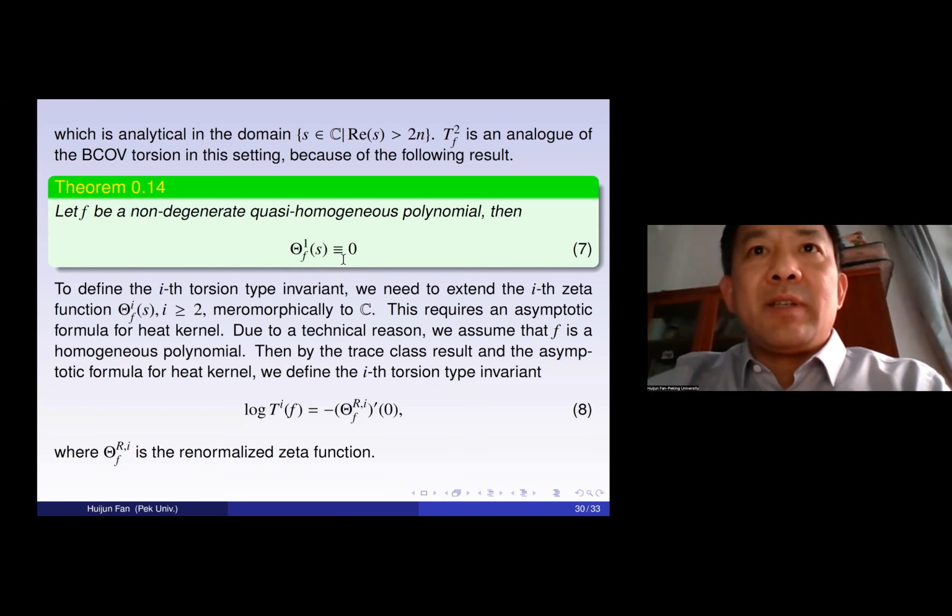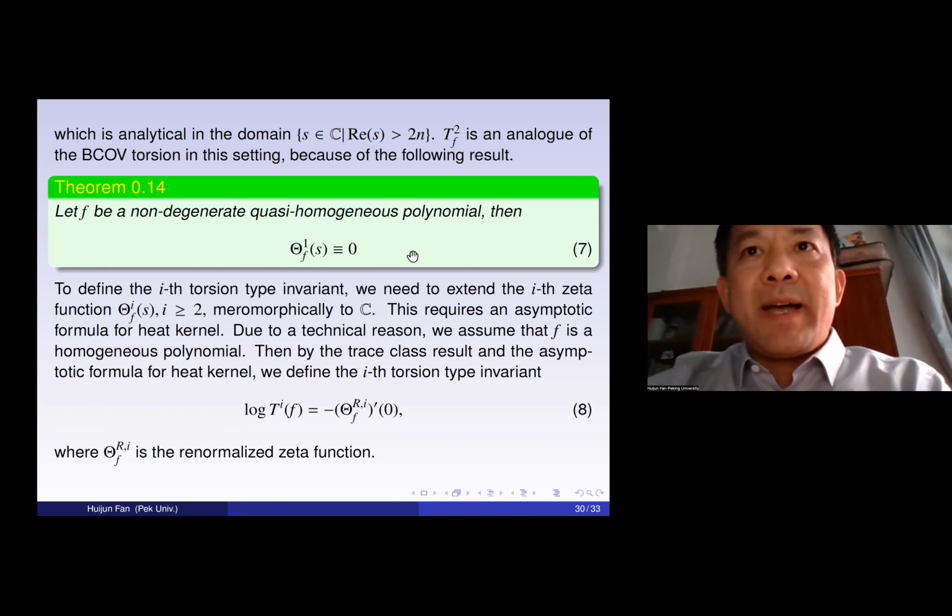This is very important because one can consider the so-called Ray-Singer holomorphic torsion on a compact Calabi-Yau manifold. It turns out the zeta function for the compact Calabi-Yau manifold also vanishes. So here we have the correspondence. We can prove the first zeta function also vanishes.